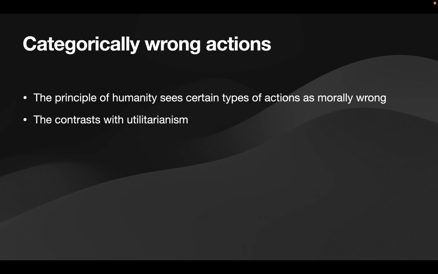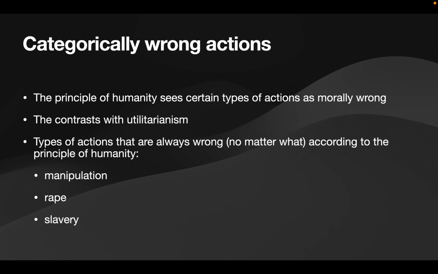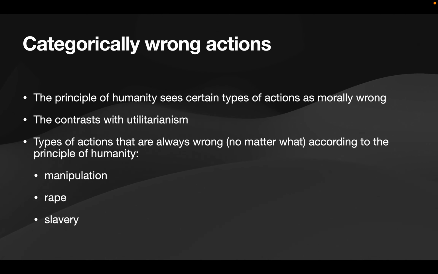Whereas for the principle of humanity, lying is always going to be wrong, and it doesn't depend on the outcome. So there are a number of types of actions that come out as always wrong for the principle of humanity. Any kind of manipulation, clearly something like rape, and clearly something like slavery, those are types of actions that are categorically morally wrong. That is, they are always morally wrong.